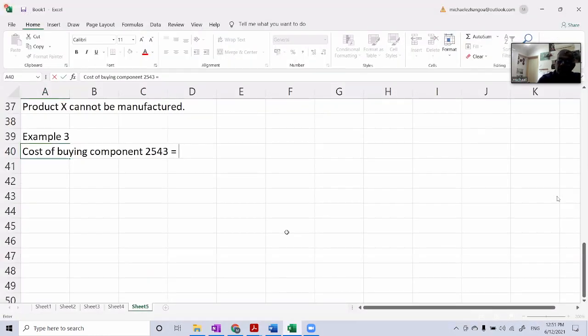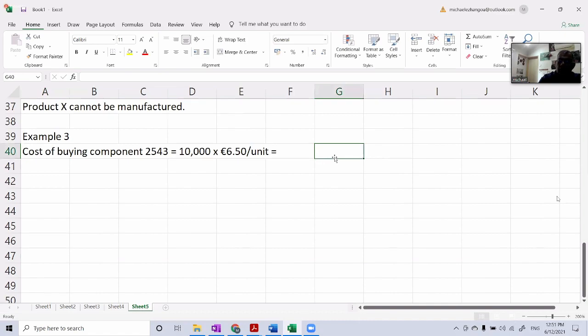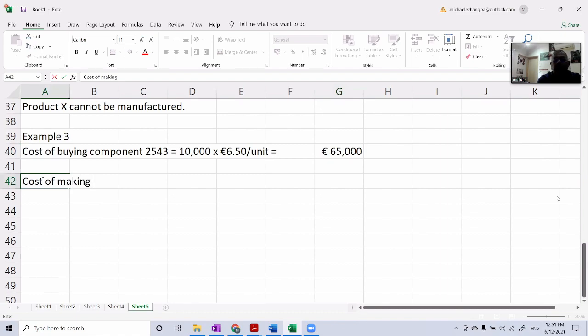So $650 per unit, so that will be 6,500,000. Cost of making component 2543.